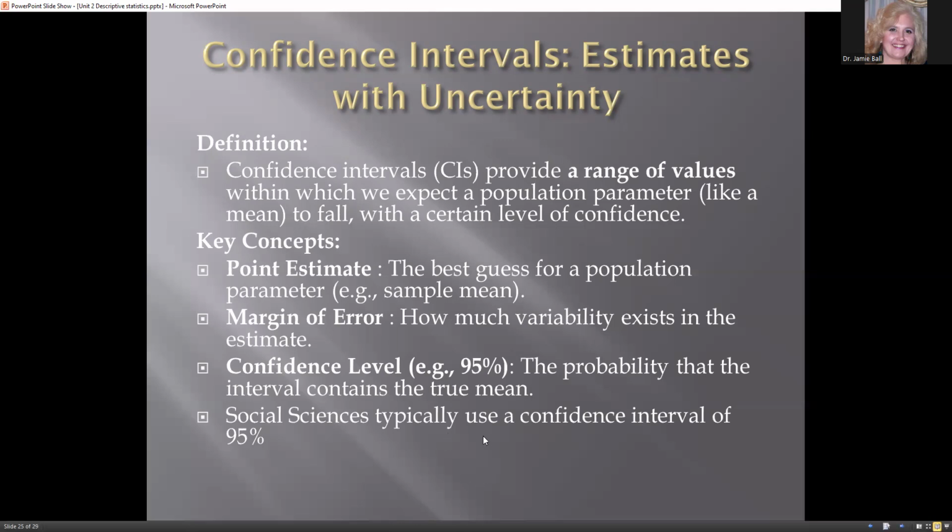Okay. The point estimate is the best guess for a population parameter, like the sample mean. A margin of error is how much variability exists in that estimate, because we're estimating it. We don't know for certain. And then our confidence level is the probability that the interval contains the true mean.